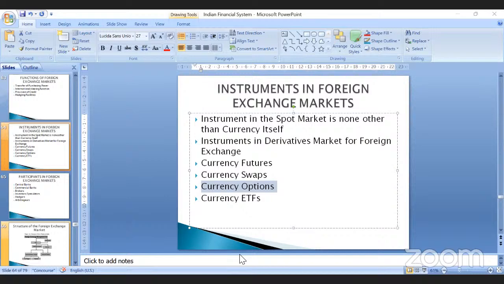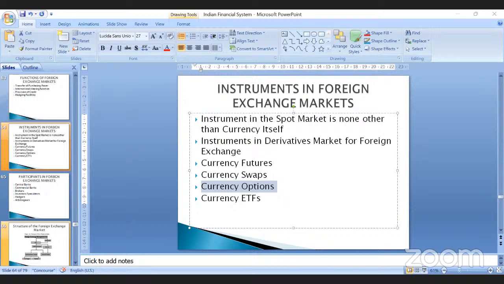You will predict whether the exchange rates will fluctuate, or whether the exchange rate will remain constant. Based on that, when you buy such traded funds, we call them currency exchange traded funds.